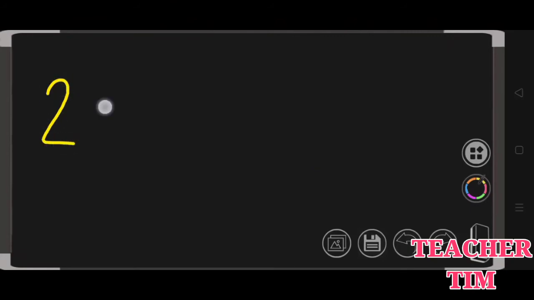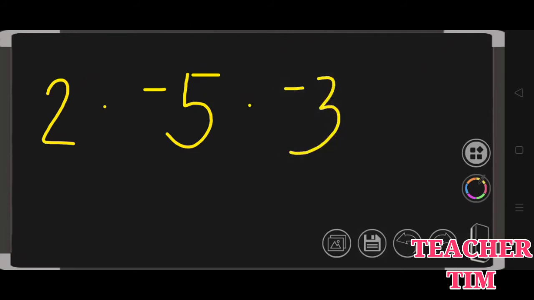Let's check this example. 2 times negative 5 times negative 3. So there are 3 signs. We have positive, negative, negative. So always remember, if there are 2 negatives, so negative 5 times negative 3, that becomes positive.